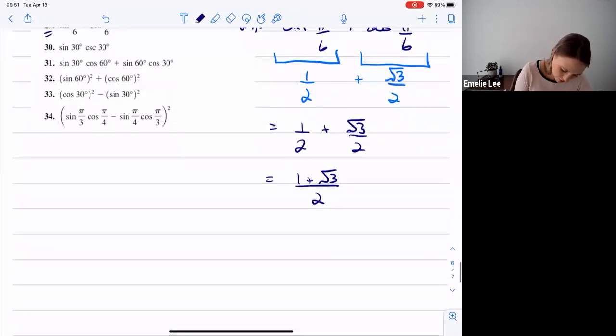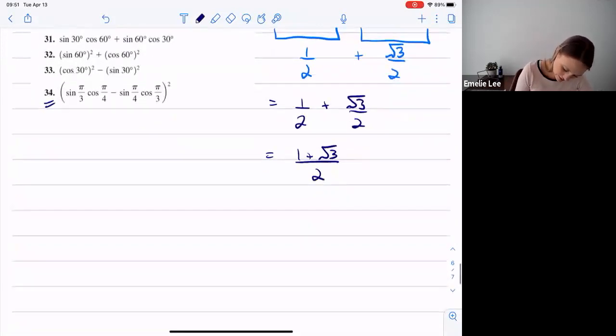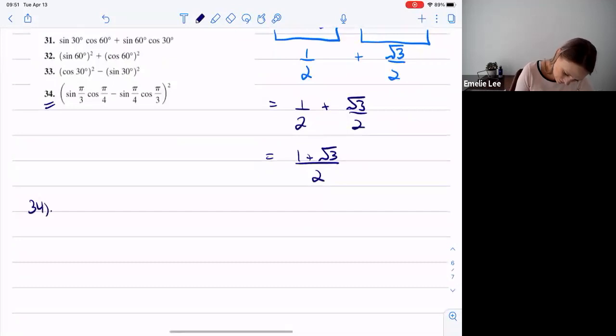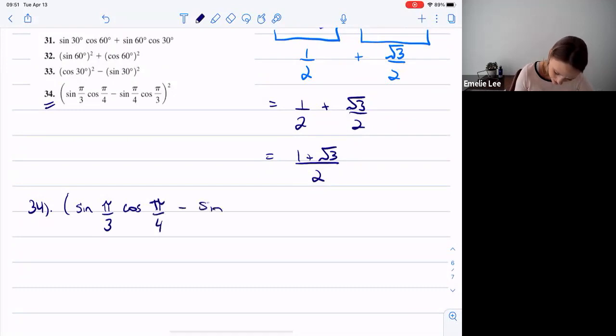Let's do 34 together as well. So I have the sine of pi over 3 times the cos of pi over 4 minus the sine of pi over 4 times the cos of pi over 3.